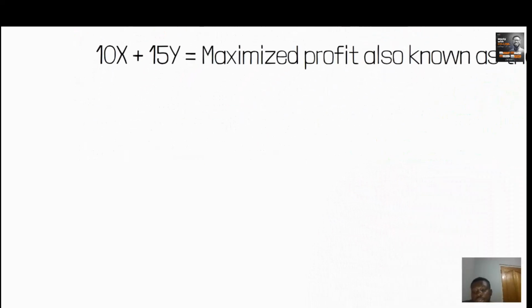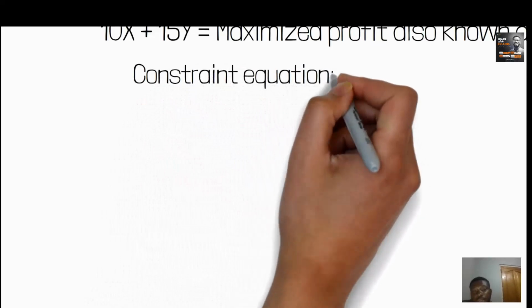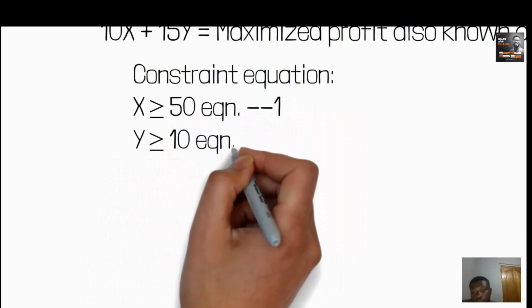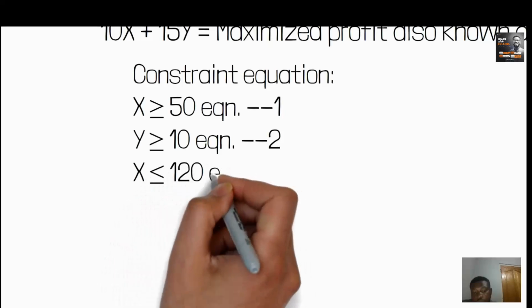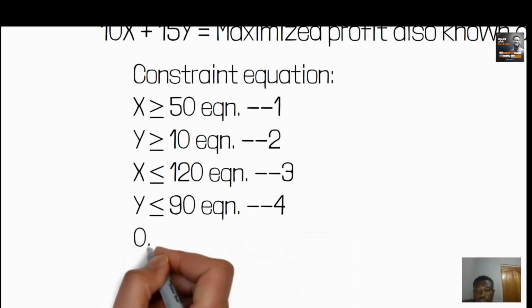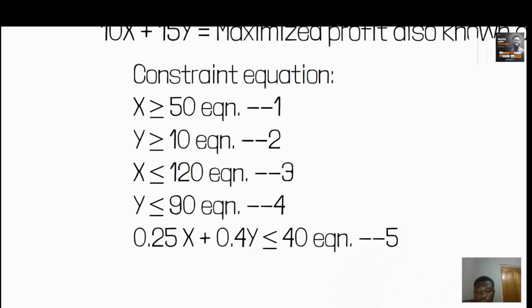Let's write down our constraints. This is our constraint: X is greater than or equal to 50, Y is greater than or equal to 10, X is less than or equal to 120, then Y is less than or equal to 90.